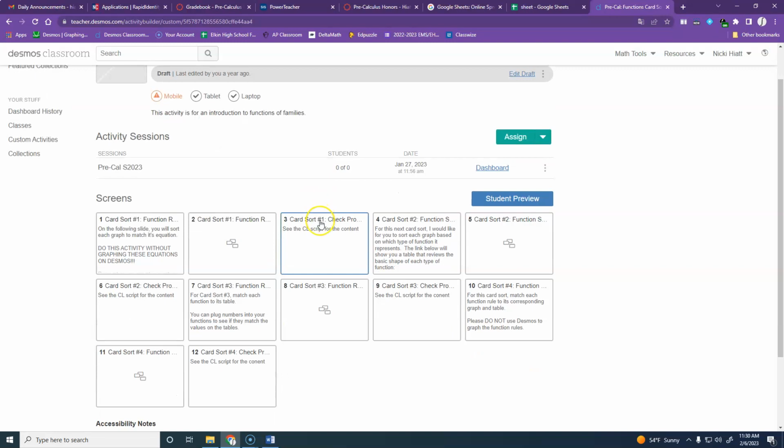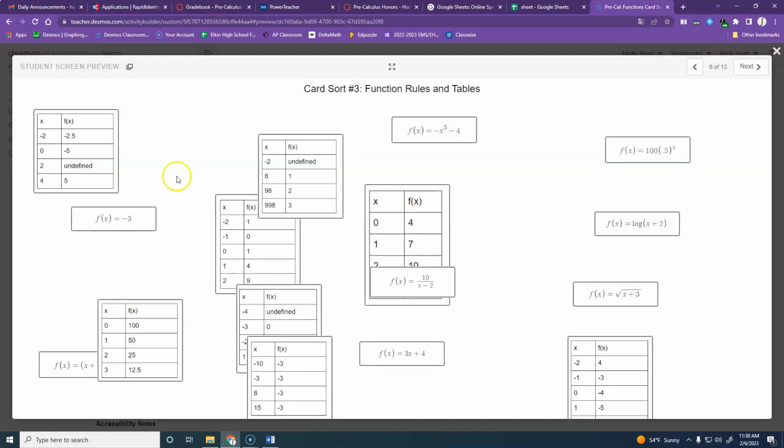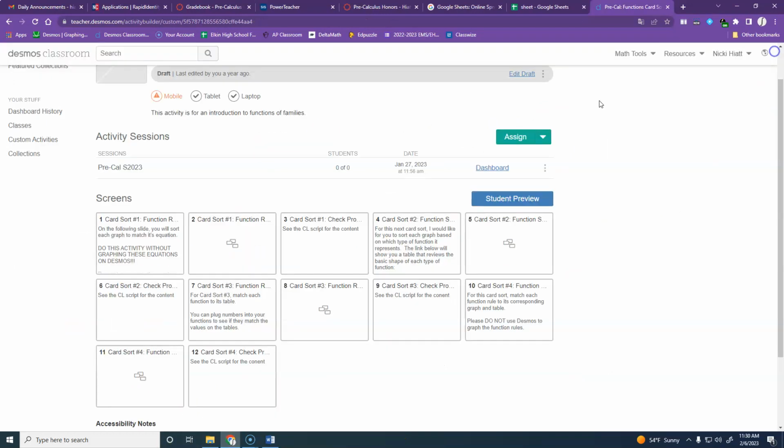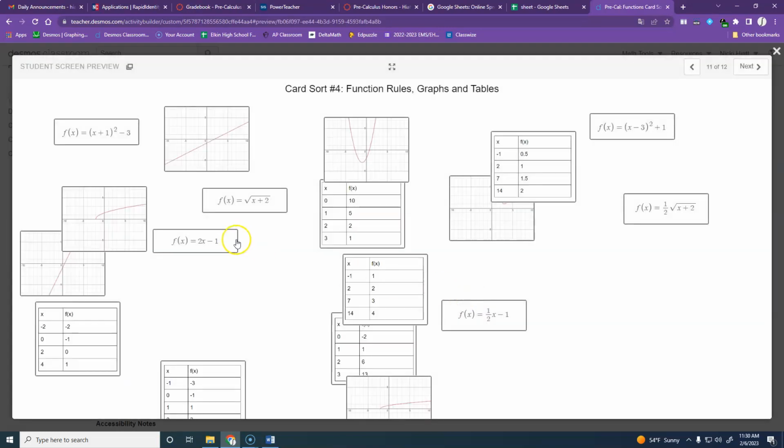Yeah. The first 2 you can really do just by looking at the shapes of the functions. The next, like here, you're going to have tables that you have to look at, so you have to think about what's happening in the table. You could plug numbers in to see. And then the last one's going to be more like graphs of the same type of thing, where you've got to know the difference between.